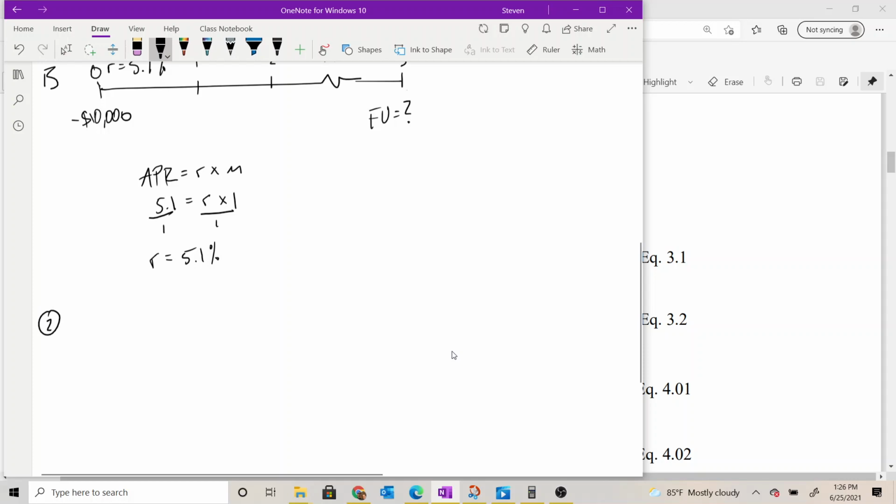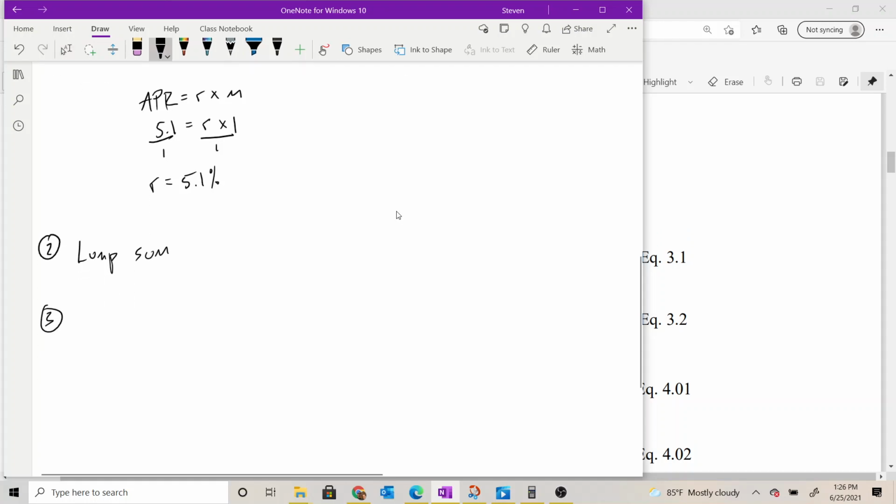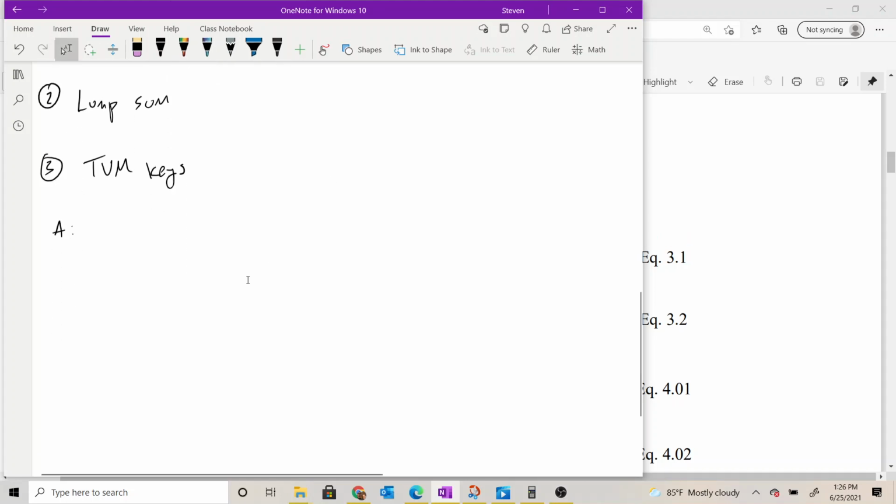Step 2 is to identify the type of cash flow. We figured out that they were lump sum cash flows. And then step 3 is to select the appropriate tool, and we're going to go straight for the time value money keys on the financial calculator. And we'll look at each one individually. Investment A, we'll set up the keys on the financial calculator.